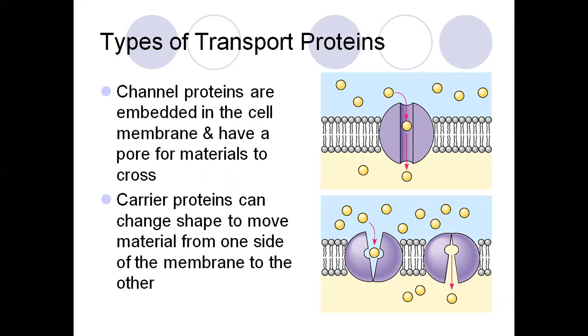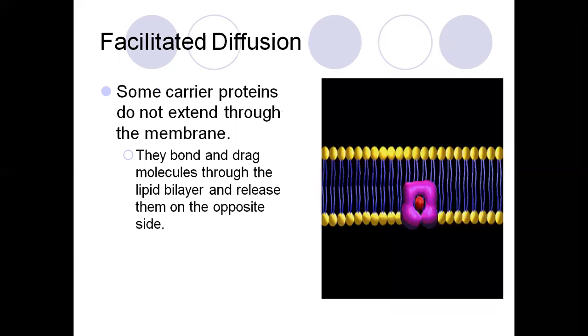The carrier proteins can change shape to move material from one side of the membrane to the other side. In facilitated diffusion, some carrier proteins do not extend through the membrane. They bind and drag the molecule through the phospholipid bilayer and release it on the opposite side.